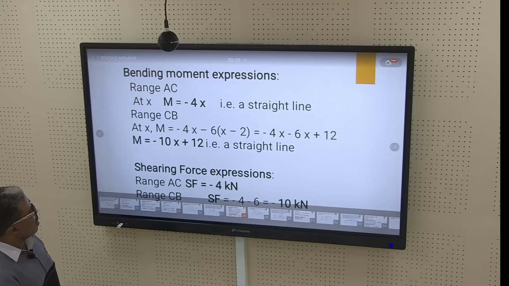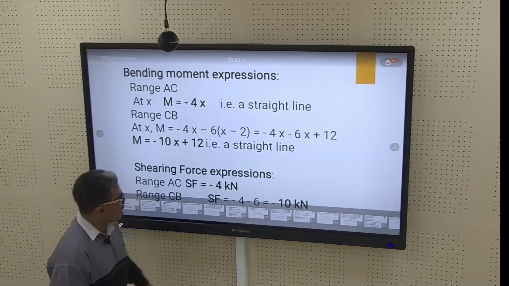You know where 6 is located. Total distance is x minus 2. It gives the expression negative 10x plus 12, which is a straight line. Shearing force expression for the range of AC is negative 4 kilonewton, and the range CB is 6 minus 4 minus 6, which becomes minus 10.